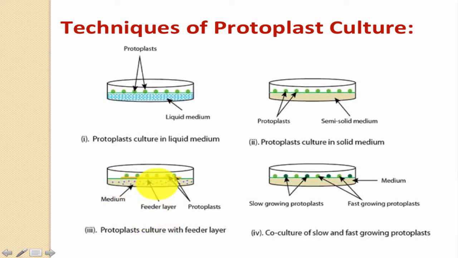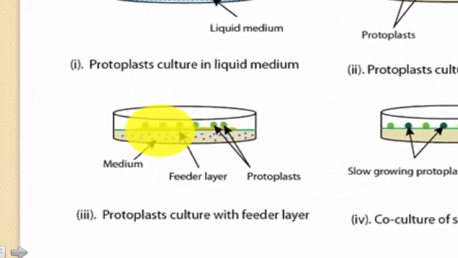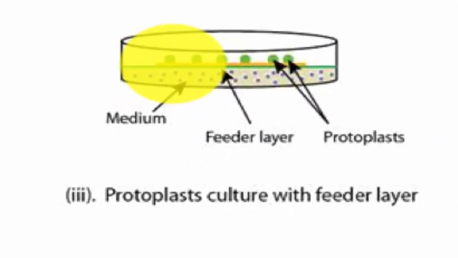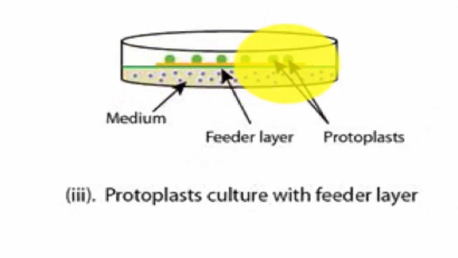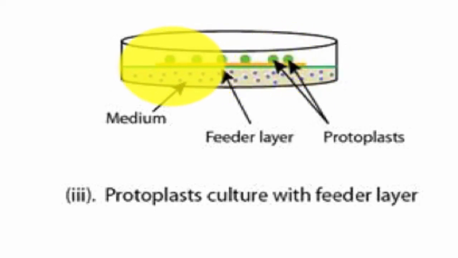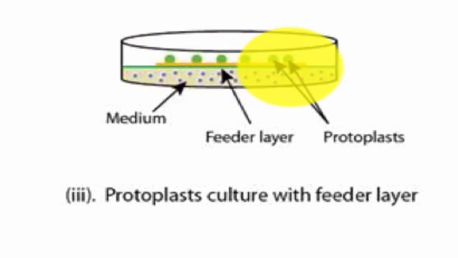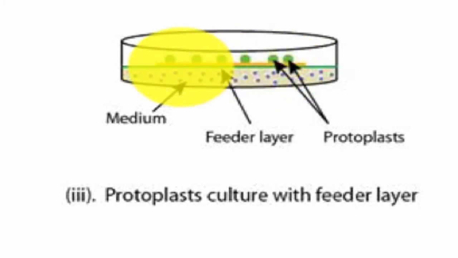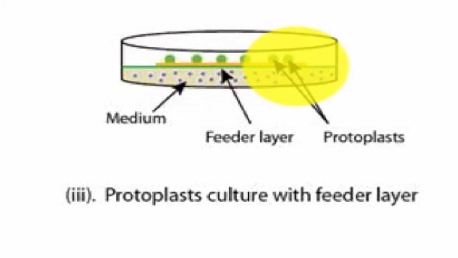You can observe here a layer of nutrient medium, and on top of it there is a feeder layer. This yellow mark you can see on top of the nutrient media is a layer that is nothing but a nitrocellulose membrane.